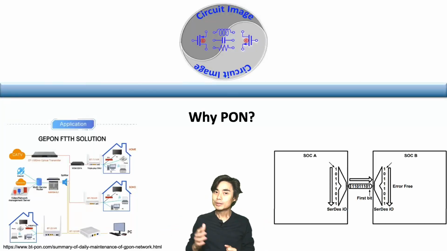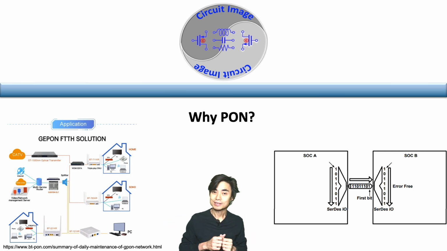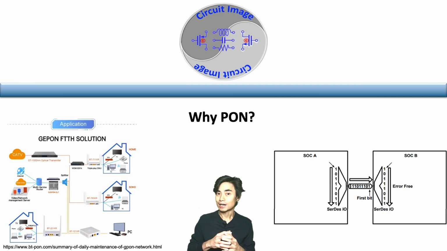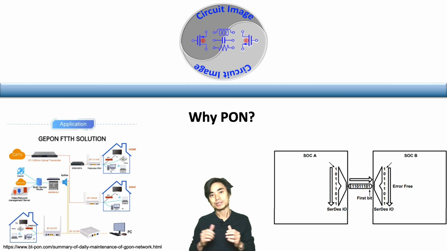PON, or Passive Optical Network, is a widely adopted technology for delivering high-speed broadband service over fiber optic networks. It utilizes fiber to transport high-speed digital signals, often between devices, using SerDes technology to manage and convert data streams efficiently.